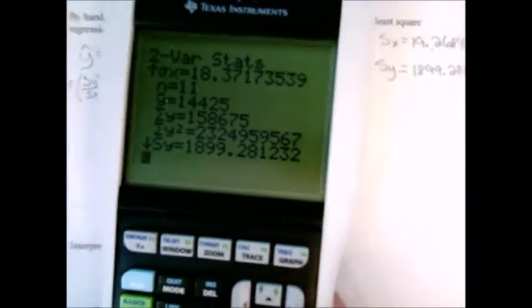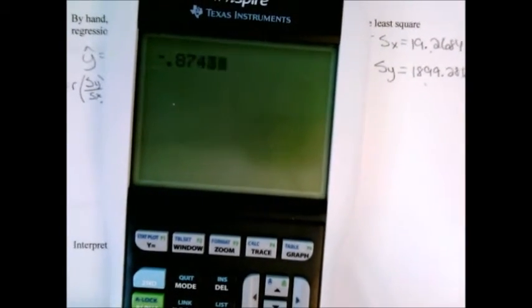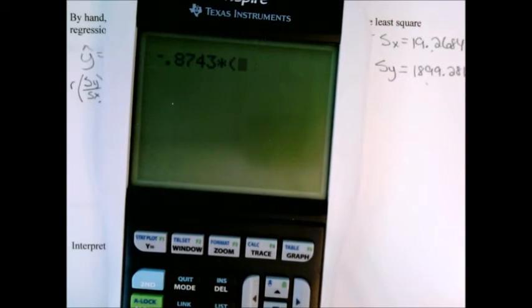Okay, so I'm going to go to my calculator and do negative 0.8743 times, put in parentheses, 1899.2812 divided by 19.2684. Hit enter. Something's wrong. Negative 0.87.